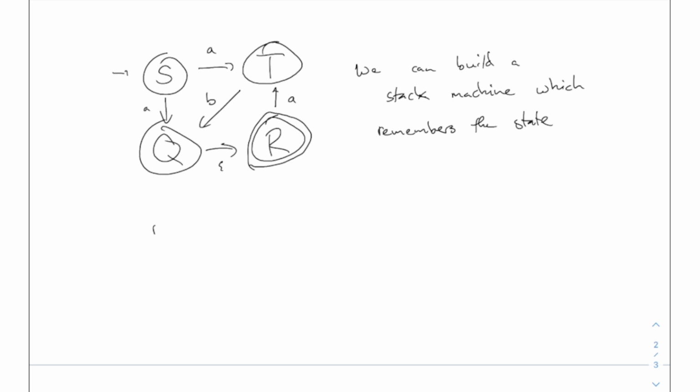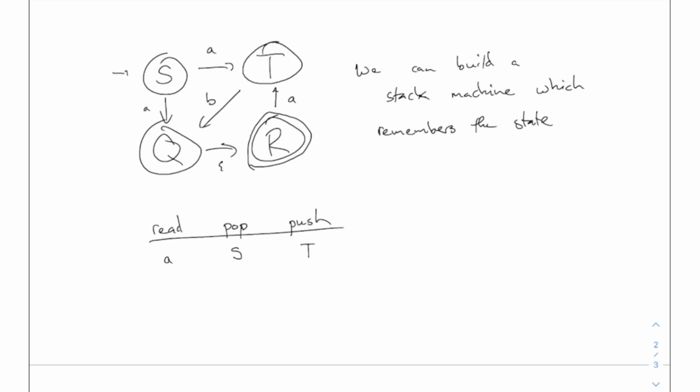So for example, with this general idea, I think it becomes clear what the rules should look like. Read, pop, push. For example, if I read A and I'm in state S, you have to think of that as popping the S. If you're in state S and you see an A, according to the NFA, you should read that A and then change the state to T. And since I'm storing the state on the stack, that rule looks like: pop S, push T. What this represents is if I'm already in state S and I read an A, I should get rid of that state S and replace it with a T, right?